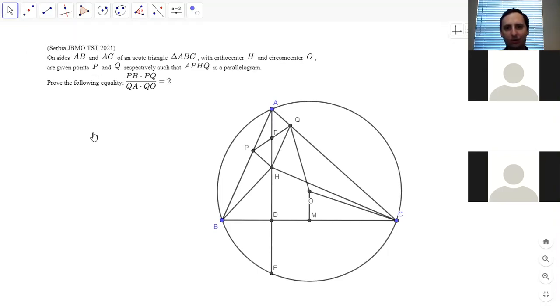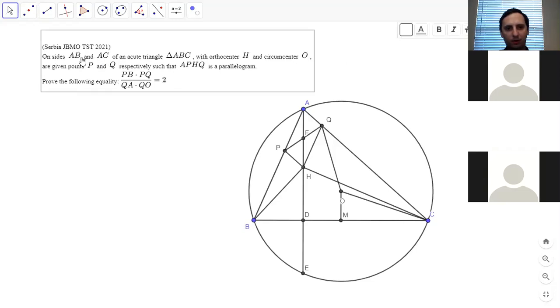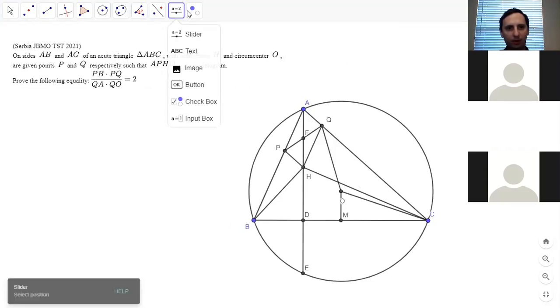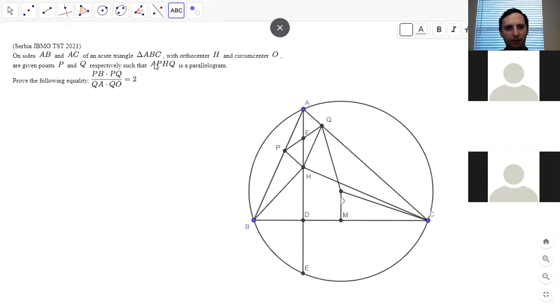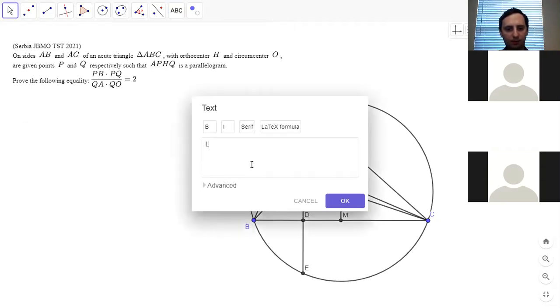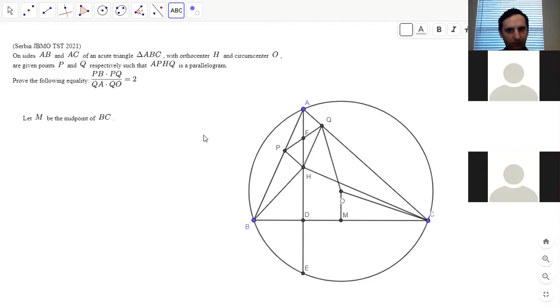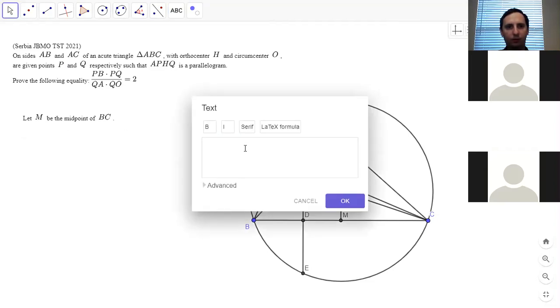Okay, so all right. Let M be the midpoint of BC. So first, OM is equal to FH, which is well known.